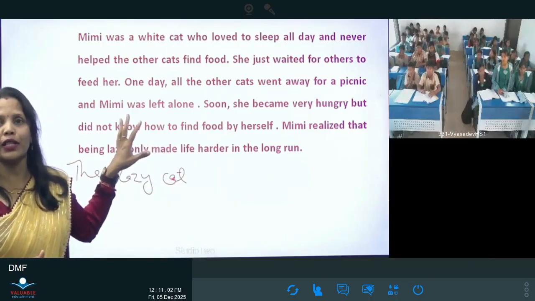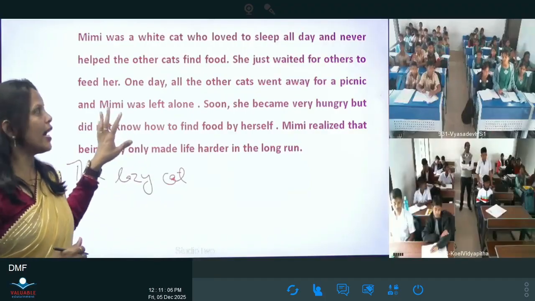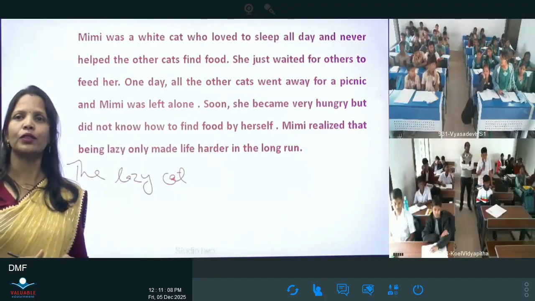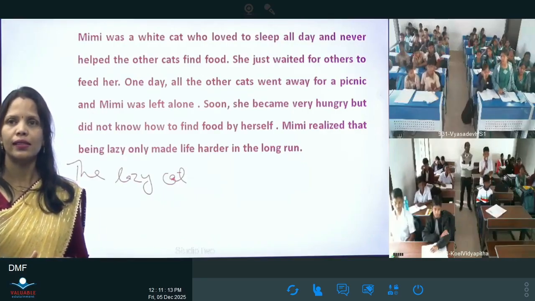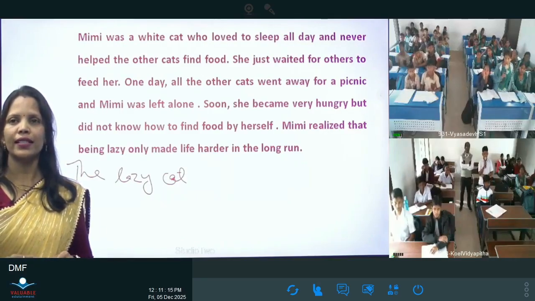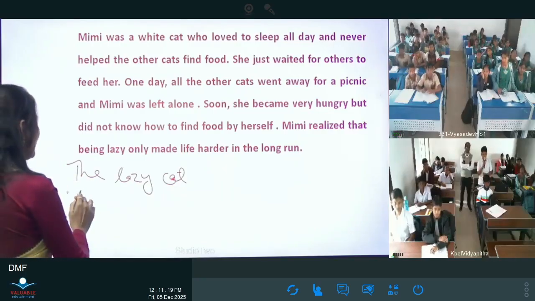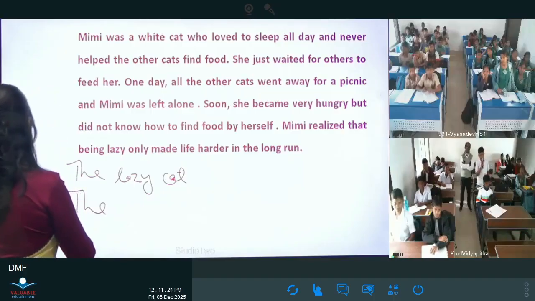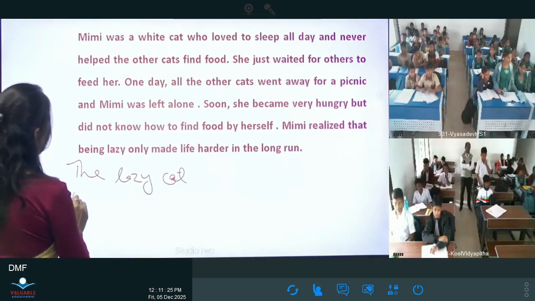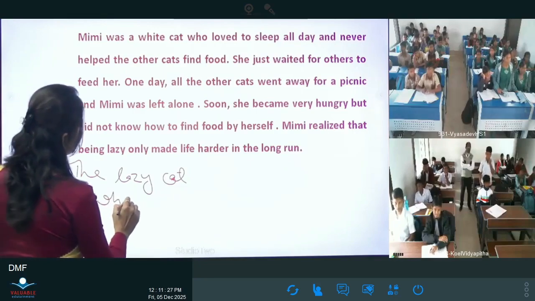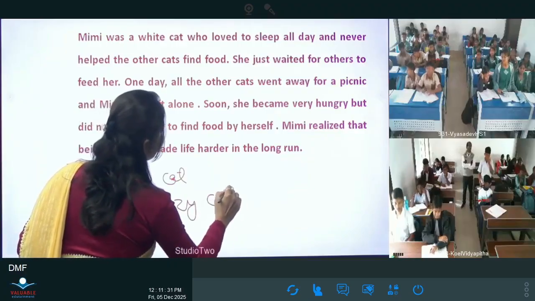We have to give a title for this passage. A white lazy cat. Yeah, somehow nice. A white lazy cat. Okay. Anything else?